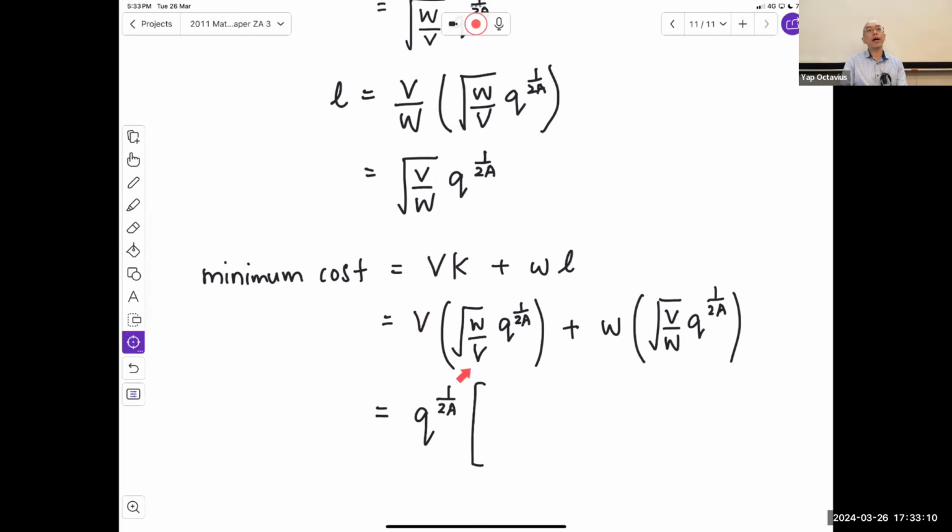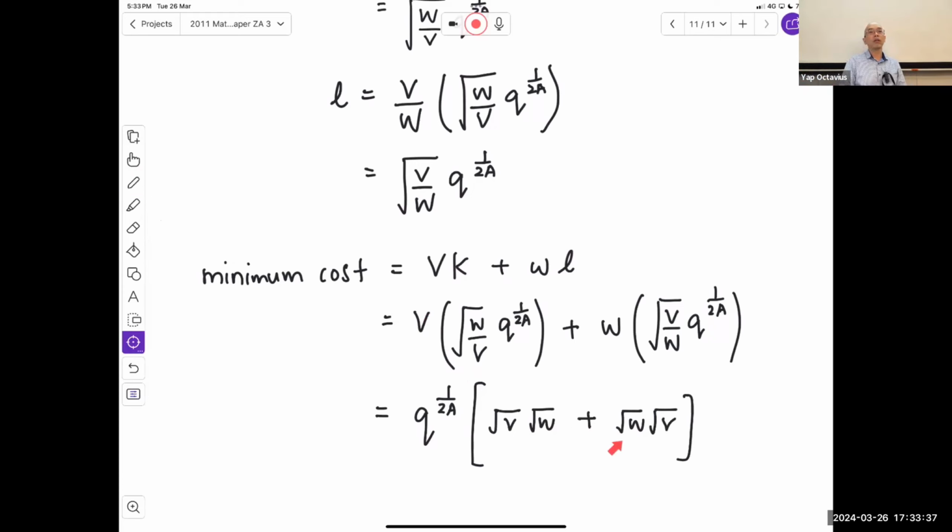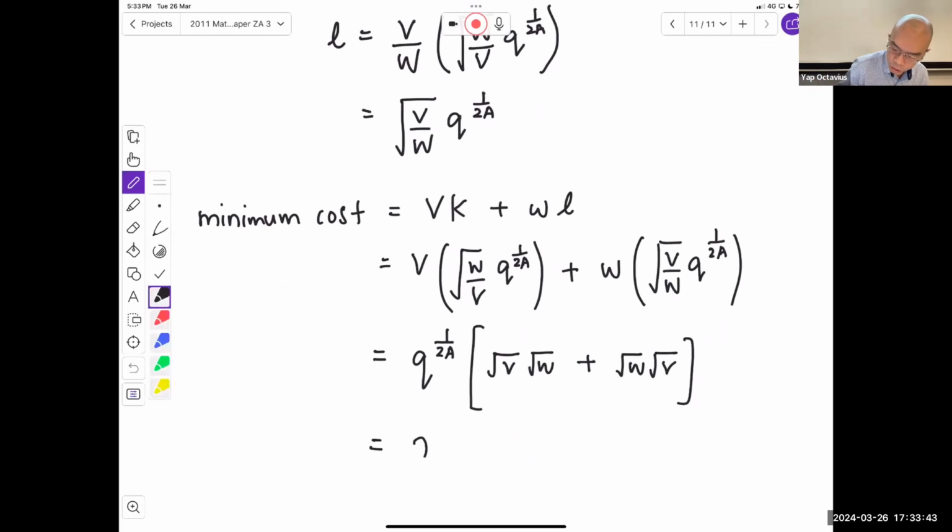Now, V divided by root V, you get root V. So you get root V multiplied by root W. And this one, you get root W multiplied by root V. Okay, so indices law, different base, same power, you can product them together. If they are the same, that's why you have two pieces of them. So this leads us to the answer, 2 root VW, Q to the 1 over 2A. So shown. Yay.